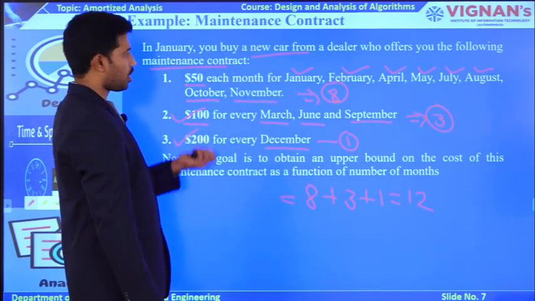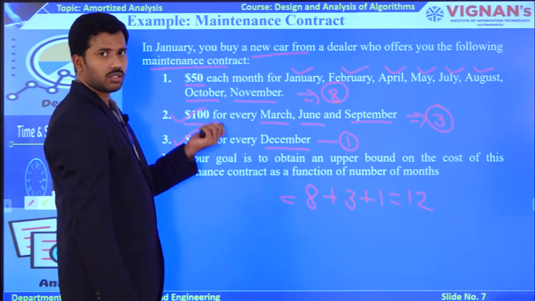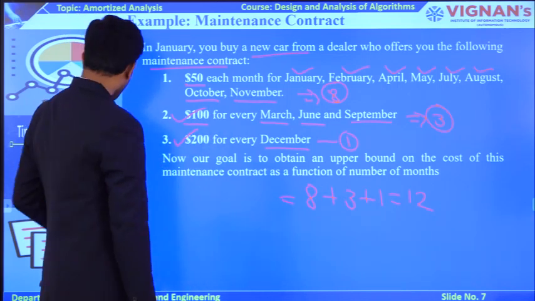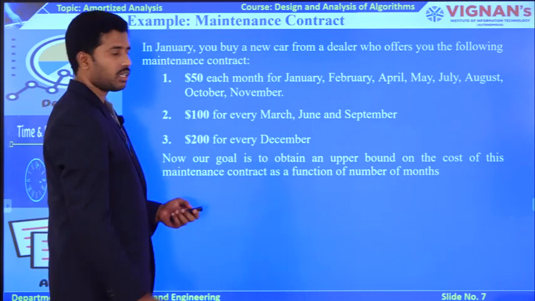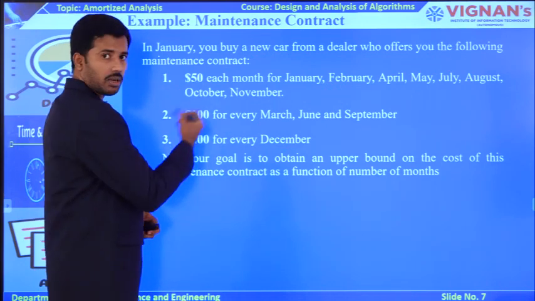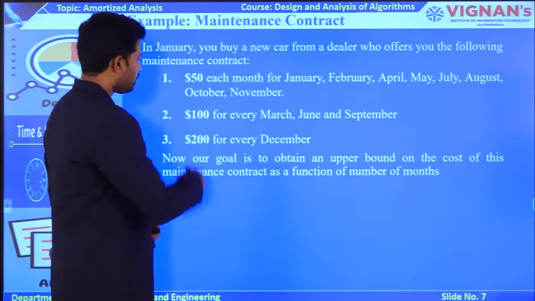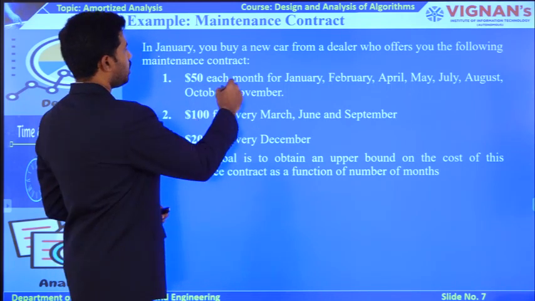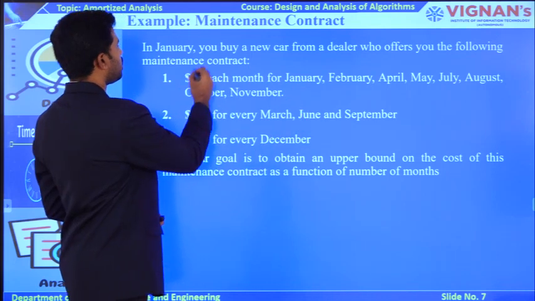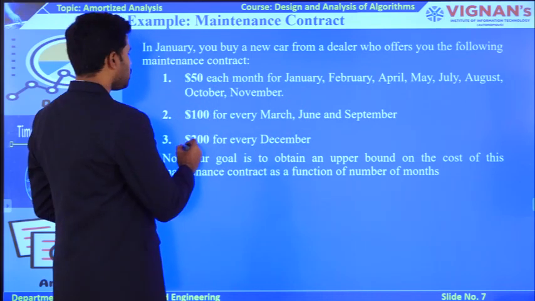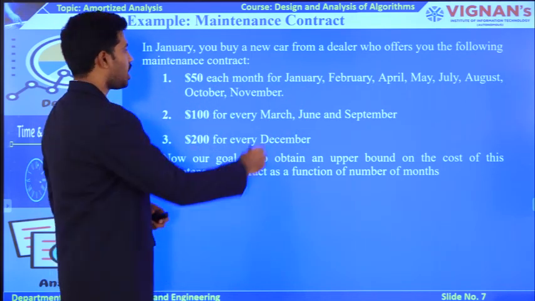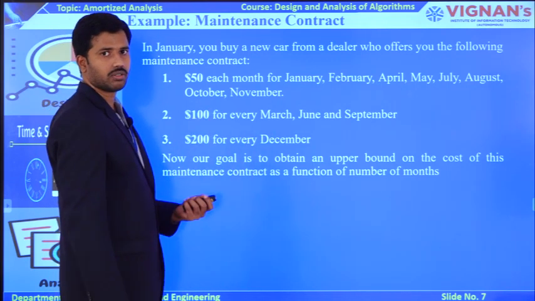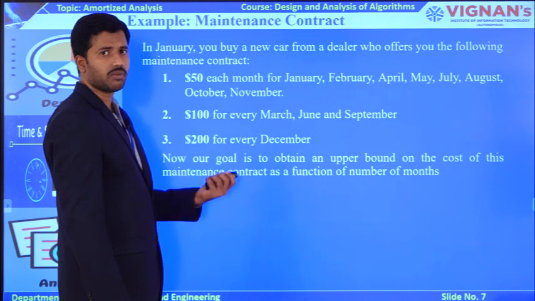So this is the price chart for servicing my car. How many types of cost are they charging? They charge $50, in some months $100, and in some months $200. So in 8 months they charge the best cost, but in December they charge the worst cost, and $100 is also a big cost, nothing but a worst cost.